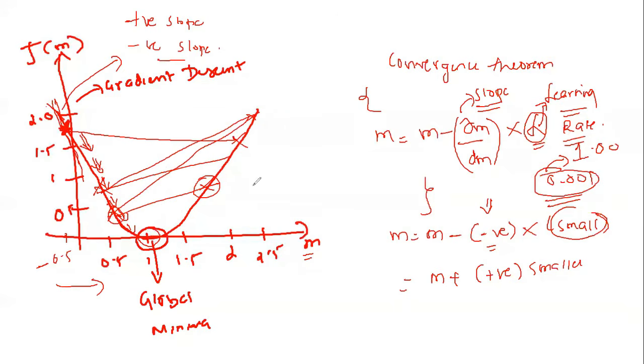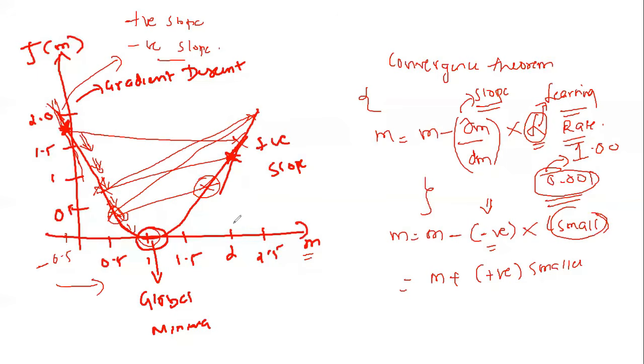Suppose I selected a random m value and I got the point somewhere here. If I try to find the slope or derivative at this point, I'll see that my right-hand side is pointing upwards and my left-hand side is pointing downwards. So this is a positive slope.